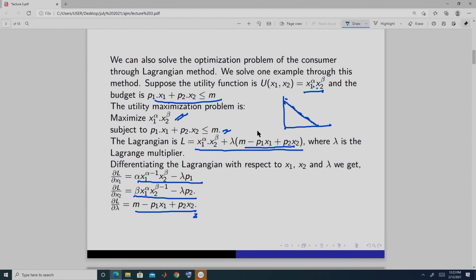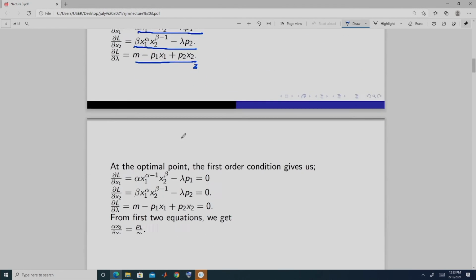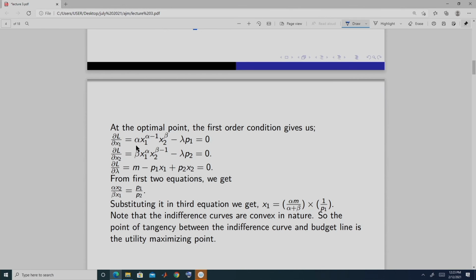The first order condition of this optimization gives us that this should be equal to 0, this should be equal to 0, and this should be equal to 0. From this first order condition, what do we get? If we equate these two, we get this. It's a simple calculation: we take this to this side and then divide it by this, so we will get it.